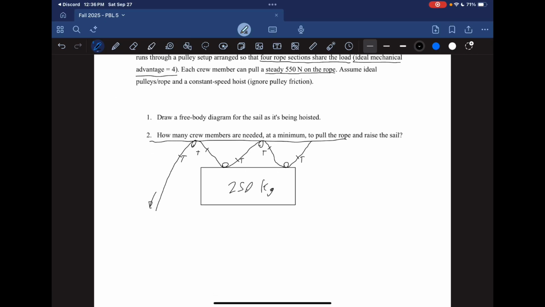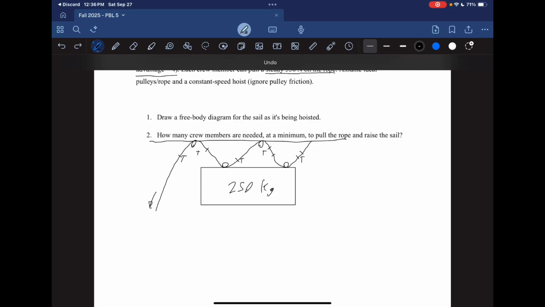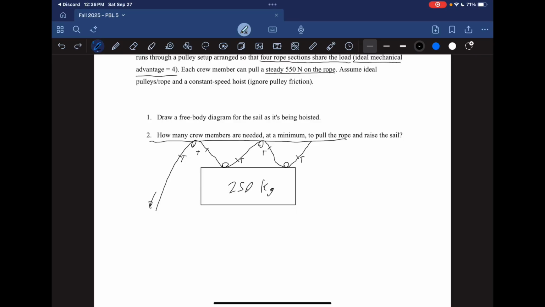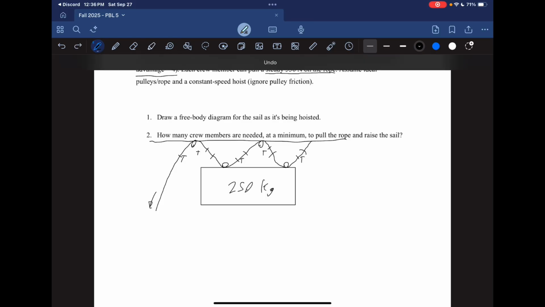And this makes sense because we have these two tensions being the same, these two tensions being the same, these two tensions being the same. Basically, we have 4 total sections of the rope. Actually, yeah, that makes a lot more sense to explain it. We have 1, 2, 3, 4 sections of the rope, all being pulled by this section of the rope.